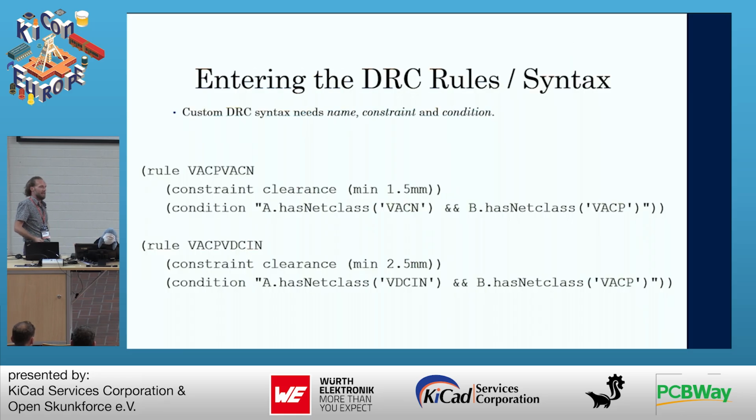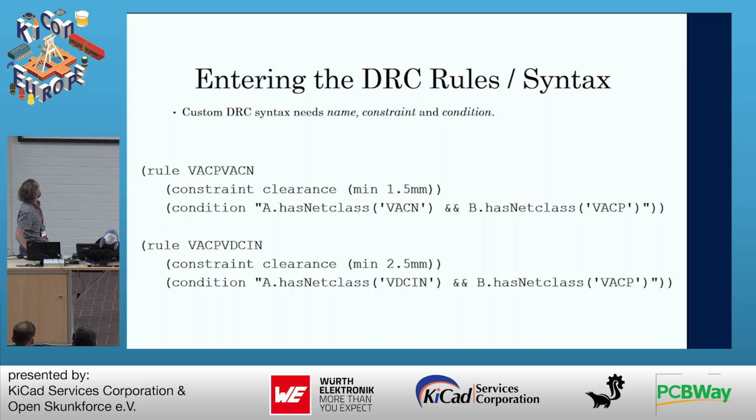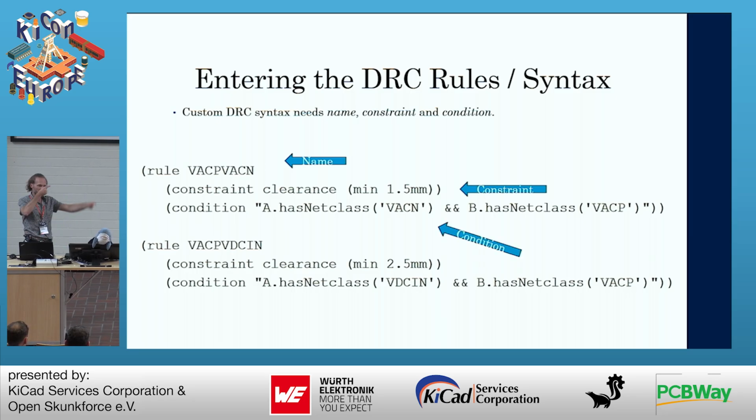Then we have to look at how do we create these custom rules, and they have a specific syntax that you have to follow. I've displayed two examples of those here. The rule has a name, it has a constraint description, and then it has a condition. And I'm going to explain it in reverse order because that makes more sense.